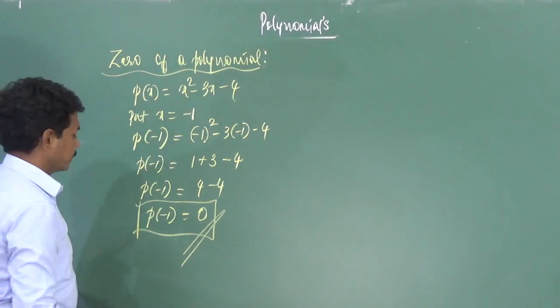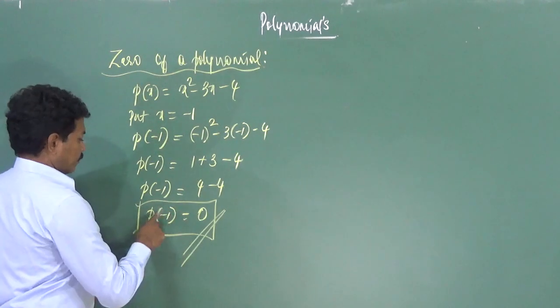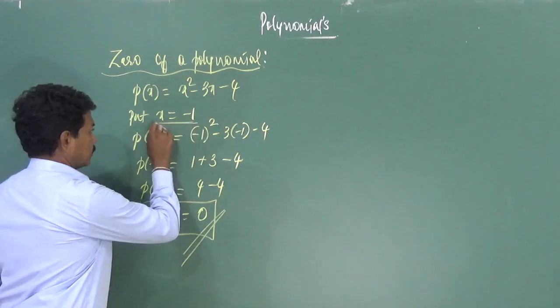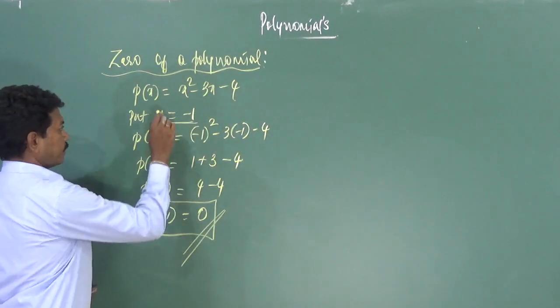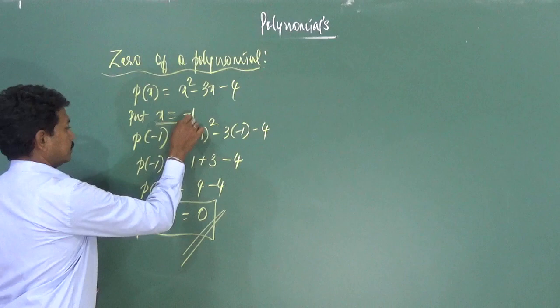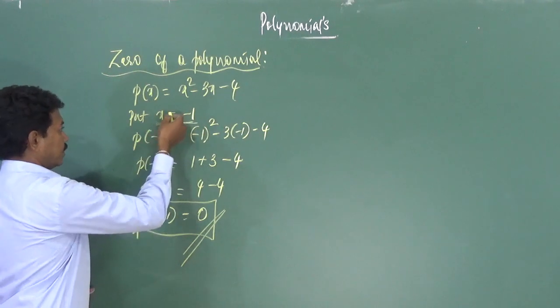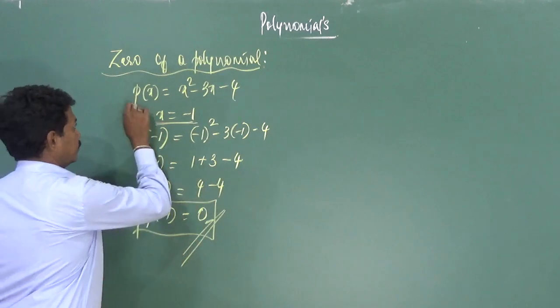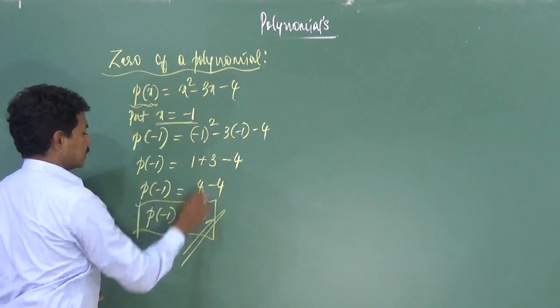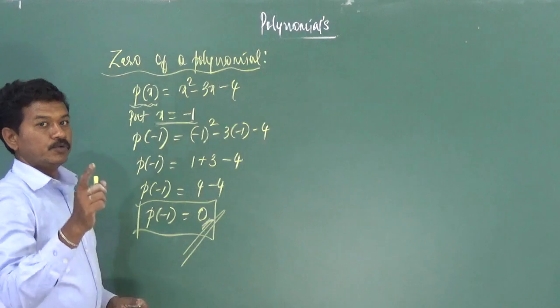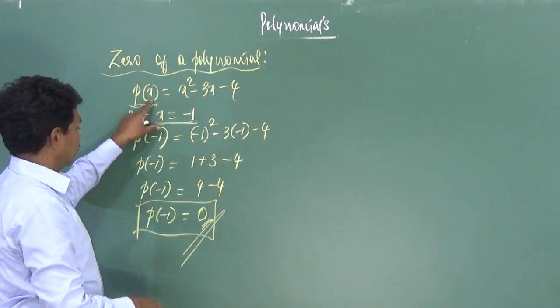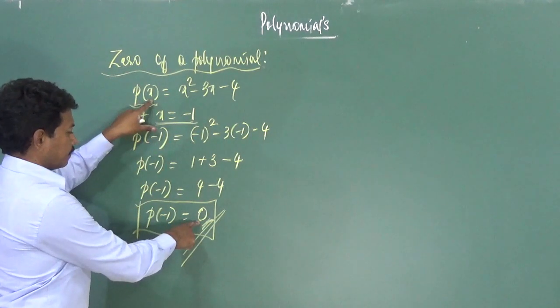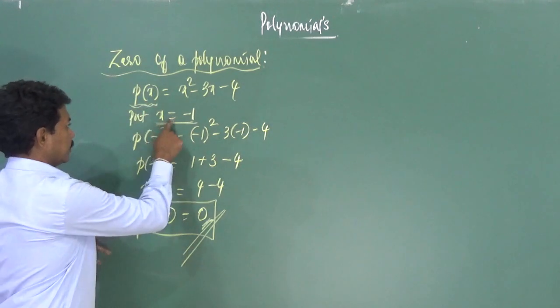See here, when you have substituted the value of x is equal to minus 1 in the place of x, and you simply simplify, you got 0. In the sense, you made this polynomial p of x equal to 0 by substituting x is equal to minus 1.